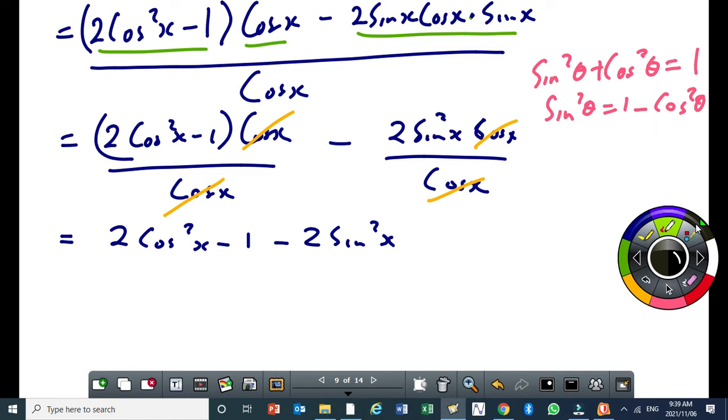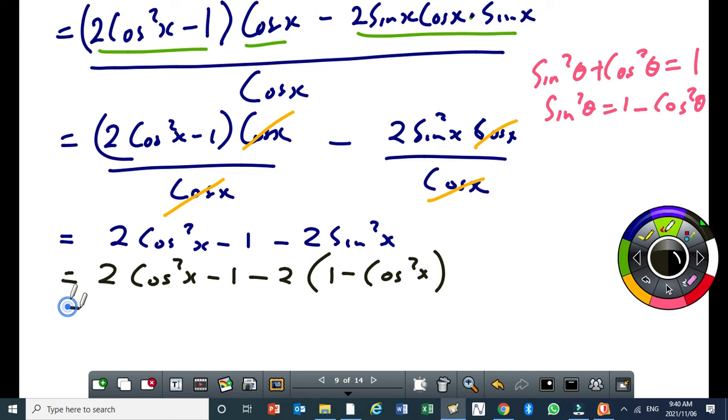Right? So I can write this now as 2 cos squared x minus 1 minus 2 times (1 minus cos squared x). Then this will give me 2 cos squared x minus 1, minus 2 times 1 gives minus 2, and minus 2 times minus cos squared x will be positive 2 cos squared x. This is interesting.